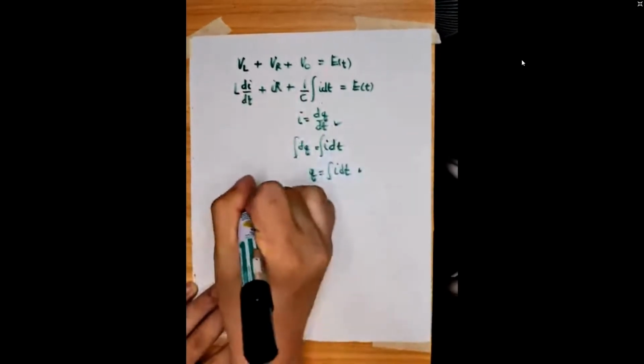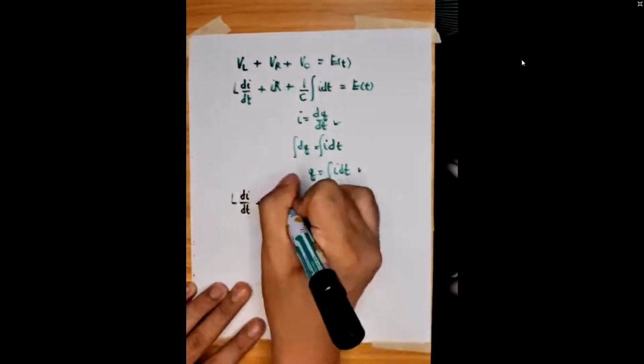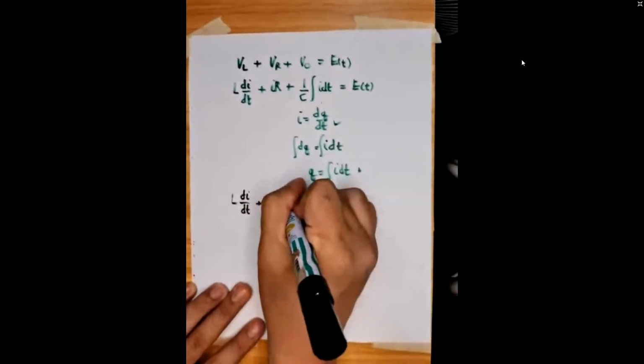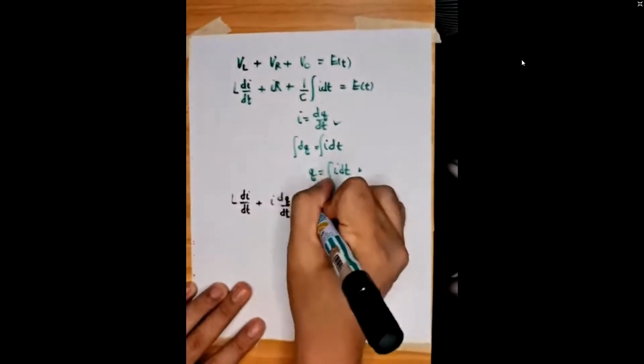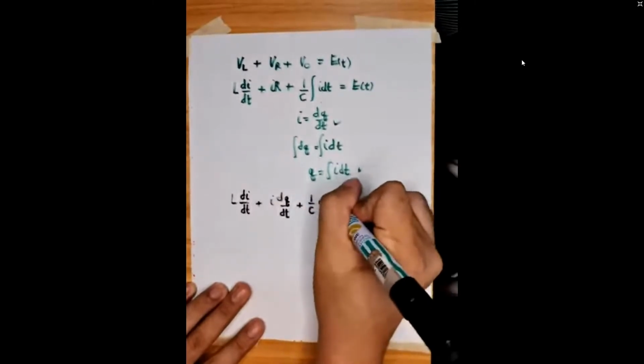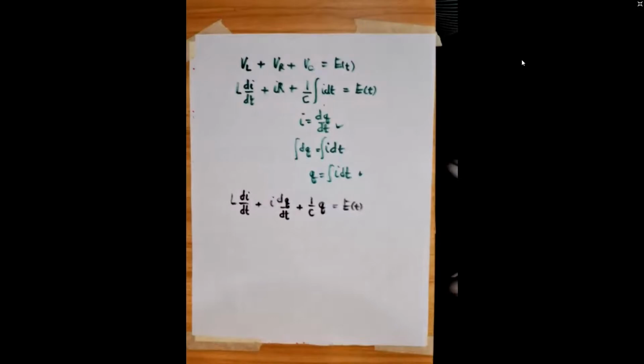So magiging L di over dt plus I dq over dt plus 1 over Cq is equal to E times T. Ayan.